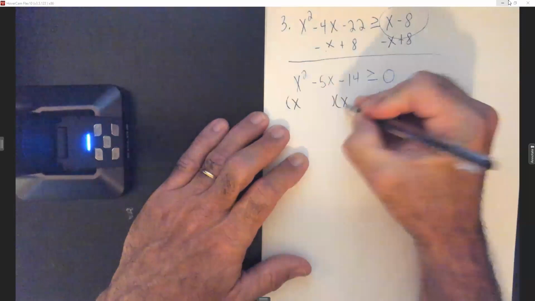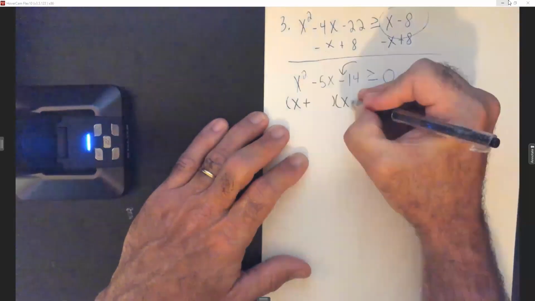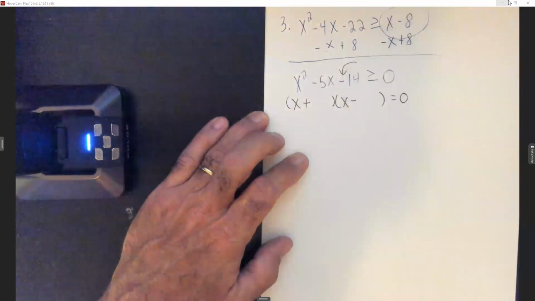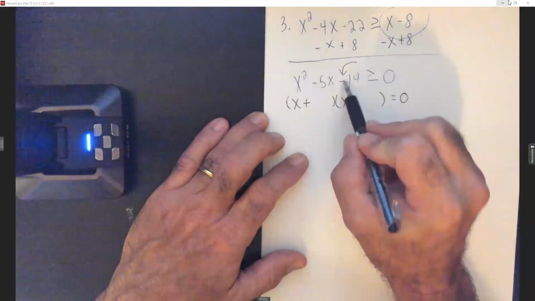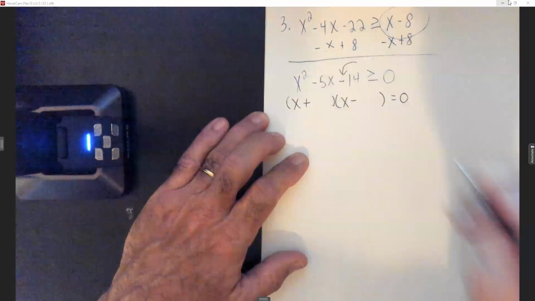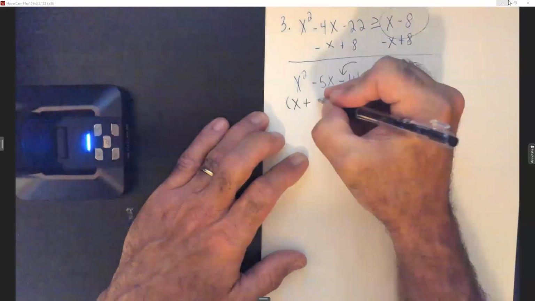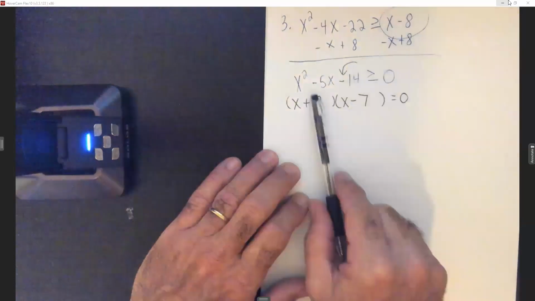That 14 is negative, so that means you've got unlike signs. One's positive, one's negative. All right, factors of 14 that subtract to get 5 would be 7 and 2. Since 7 is the larger number, it's going to be negative like the middle number, and the 2 will be positive. And you can always add these numbers and make sure they give you negative 5, okay?